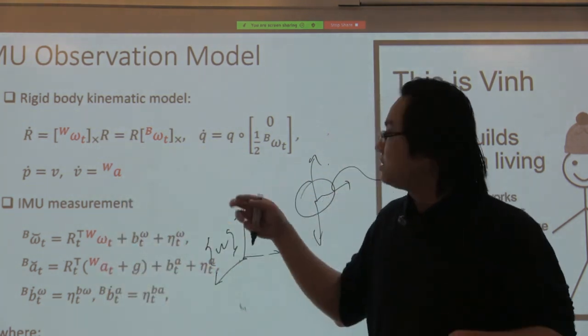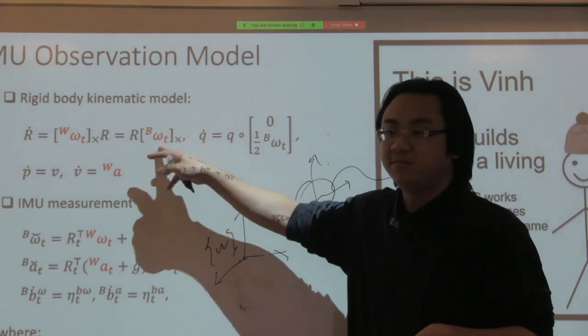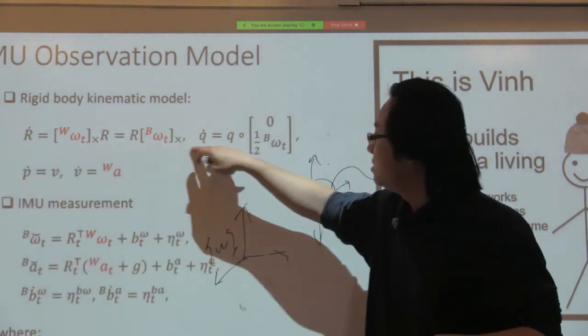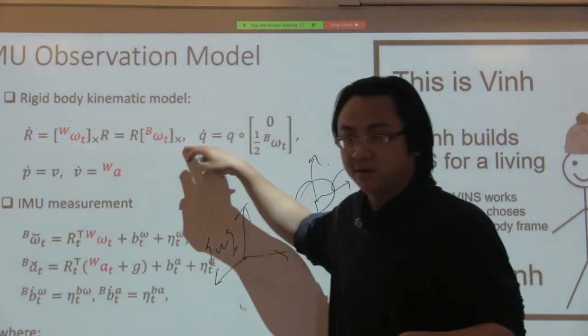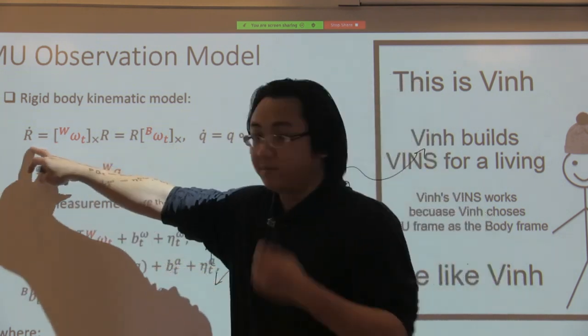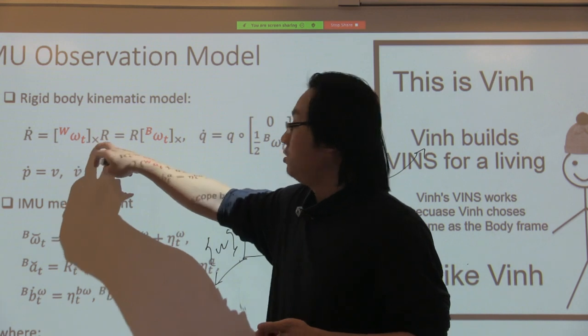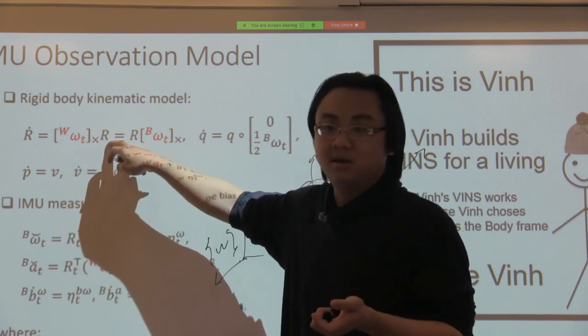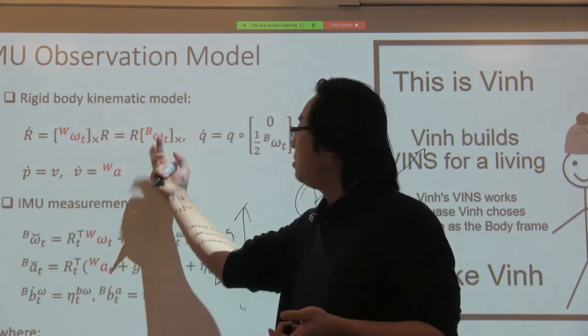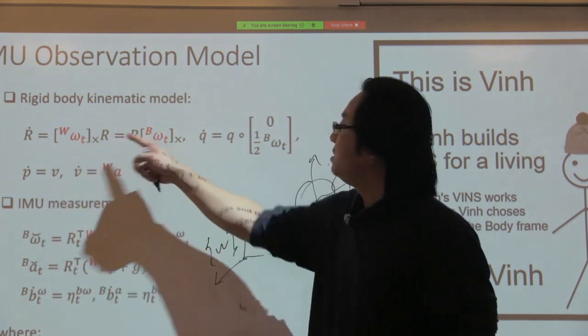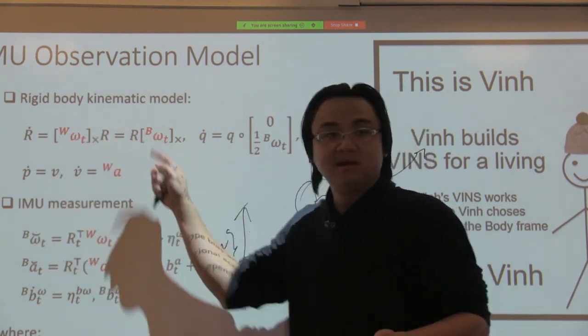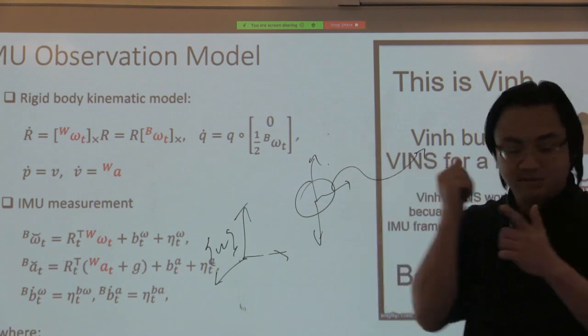But the IMU measures things in the body frame. So we have this relationship. This is a dynamical relationship. The derivative of the orientation is the angular velocity crossed with the orientation. And equivalently, we can flip this one to this side by changing the frame. Okay? This is just an identity.